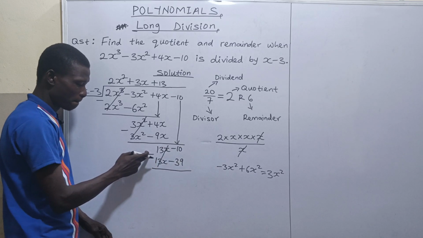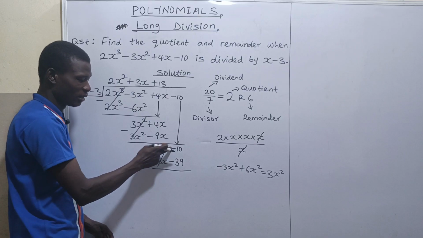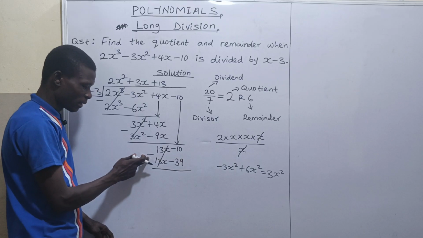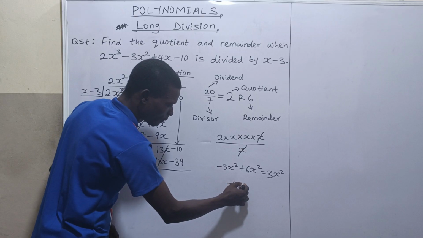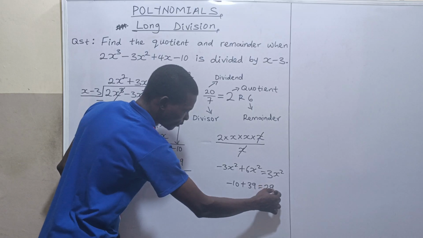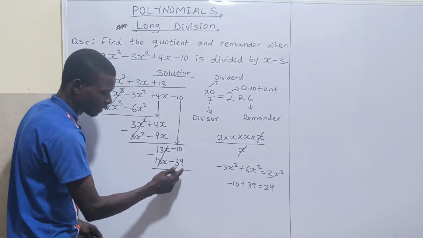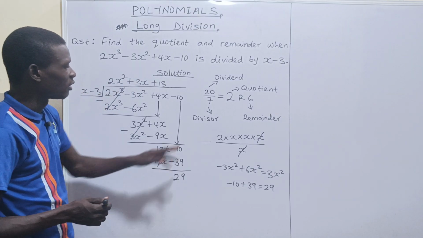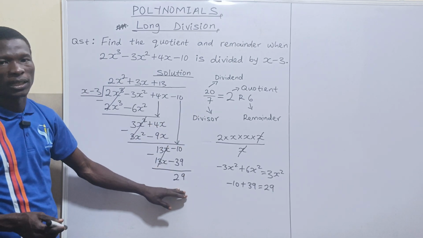Negative 10 minus negative 39. Minus times minus is plus. So we'll be having minus 10 plus 39, which of course is going to give us positive 29. There is nothing to bring down again with our arrow. Our work stops here.